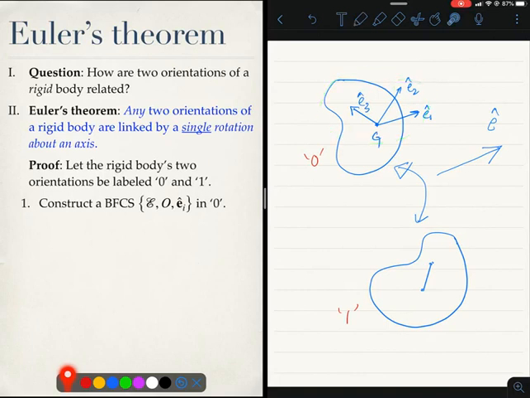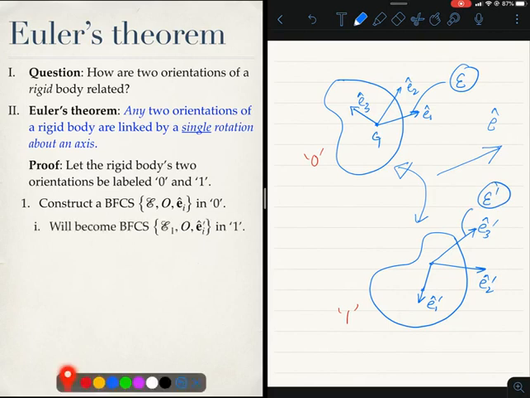In orientation 1, this BFCS will take on some other orientation. So maybe this will be E1 prime, E2 prime, and this will be E3 prime. So this BFCS which had the name E now becomes this BFCS which has the name E prime.